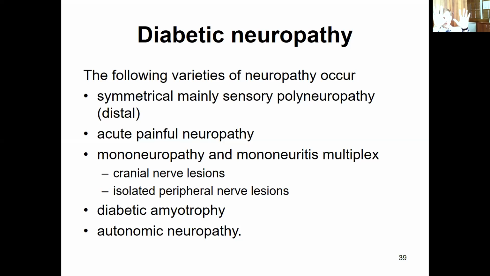The two hands, they call this damage like gloves, two hands symmetrically damaged. Or feet like socks, because two legs symmetrically damaged. It may be damage of big nerves, mononeuropathy. For example, some cranial nerve lesions, and remember anatomy, function of cranial nerves, and they may be somehow damaged.